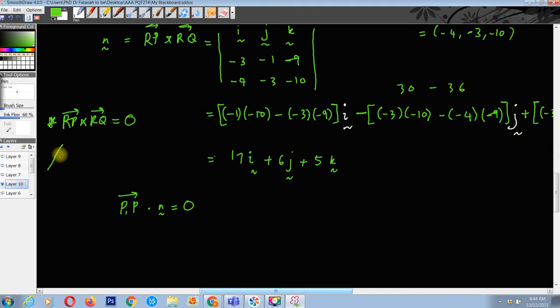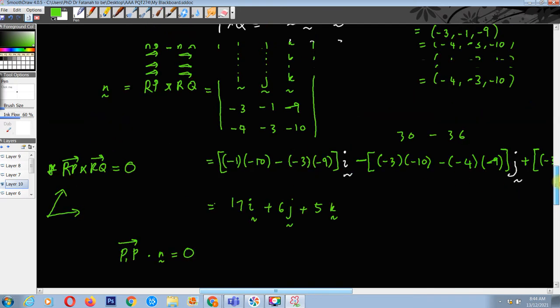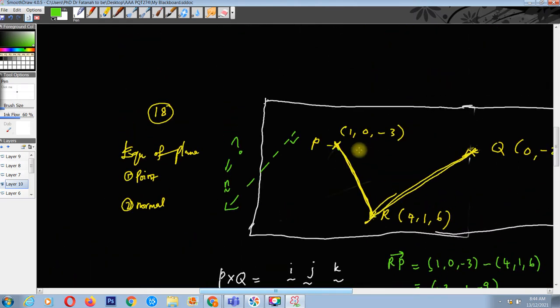If we have a line, we cross this line, and then we got 0, what is the meaning of this? Before this, I said if we have two lines, we will have a normal here, which is perpendicular to this plane.